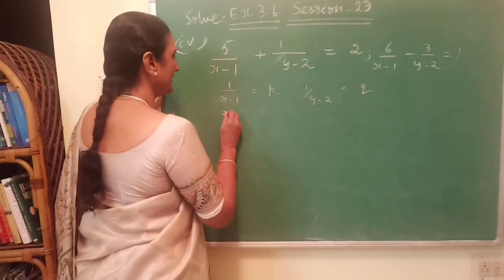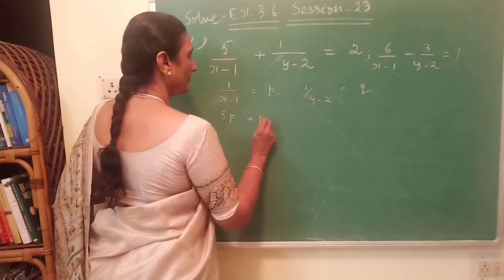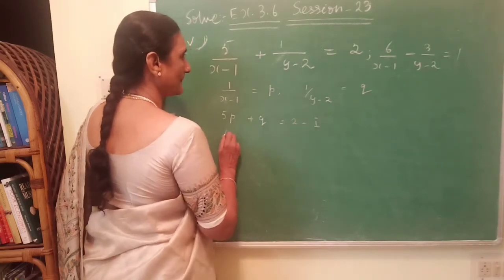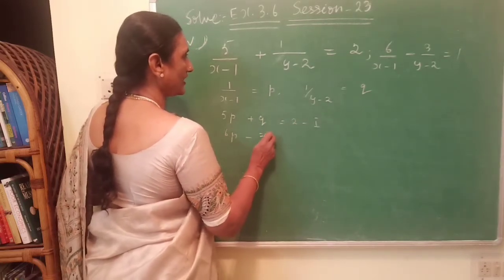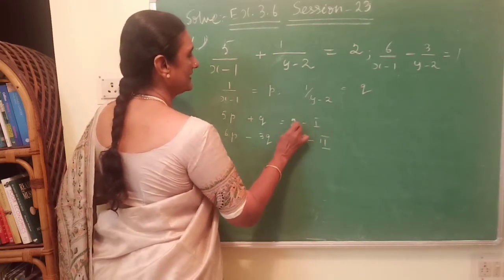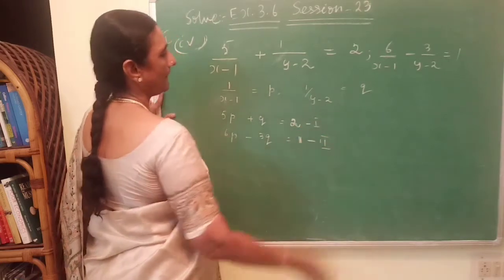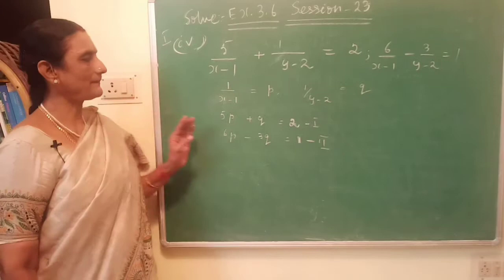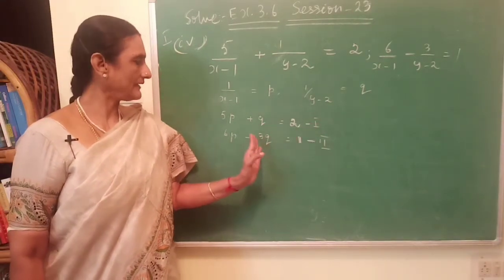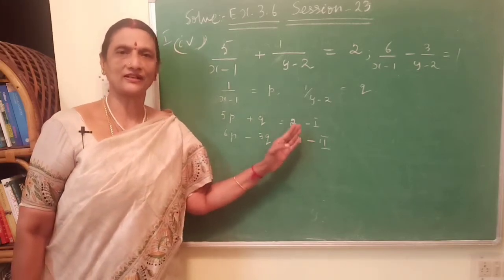Therefore, we get a linear equation 5p plus q is equal to 2 as equation 1 and 6p minus 3q is equal to 1 as equation 2. So this is the first procedure.